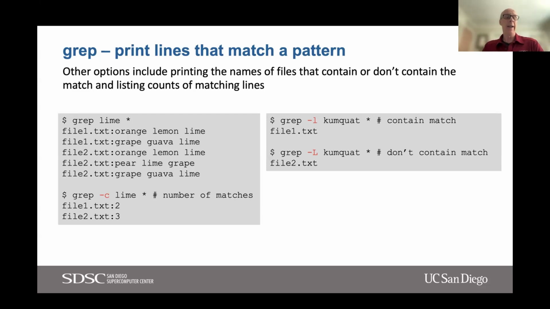In this case, it's simple enough that I could do it by eye. But if I use the -c option for a count, I get the number of matches. So I'll see file1 does have 2 matches, file2 has 3 matches. I could also use -l to list all the files that contain a match, or -L to see all of the files that do not contain the match.